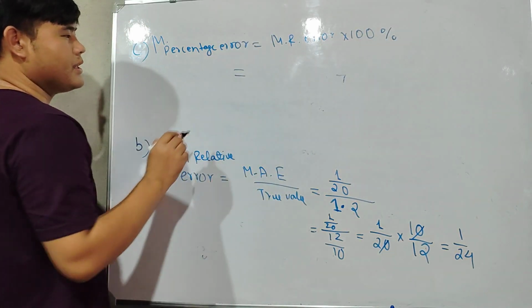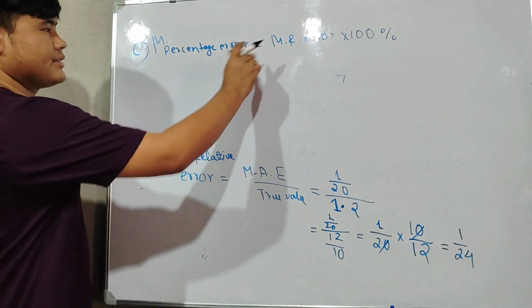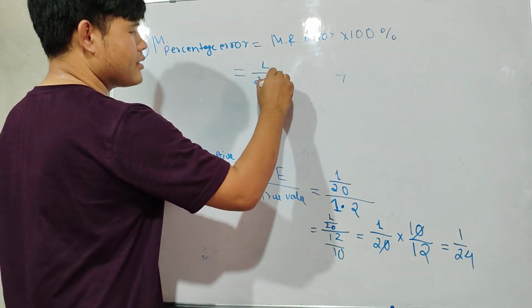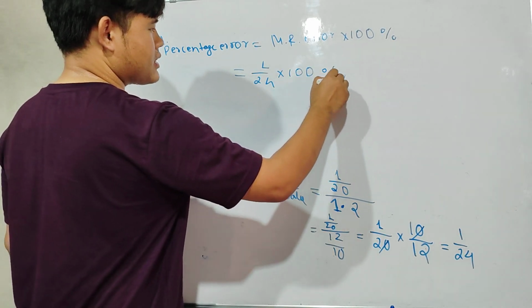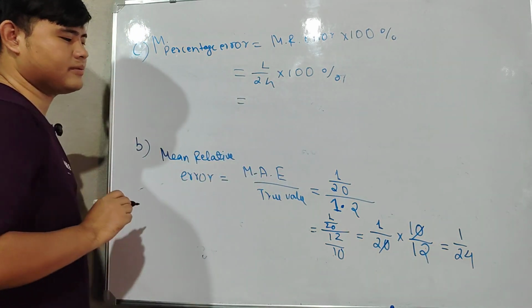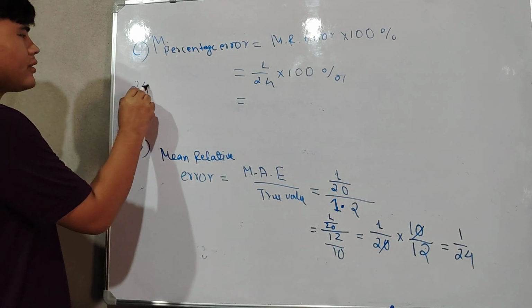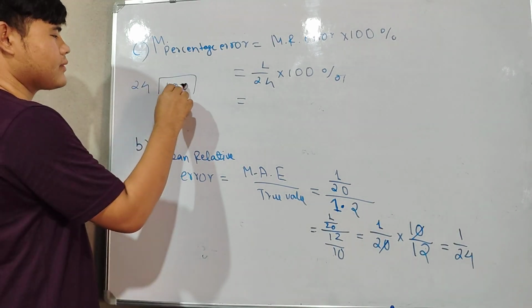The mean relative error we got is 1 by 24, into 100%. So can you find it out now? 24 into 100.